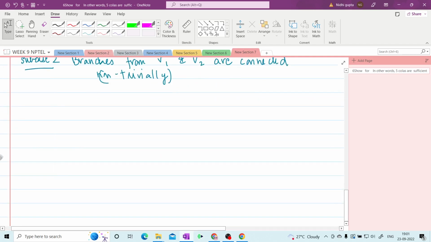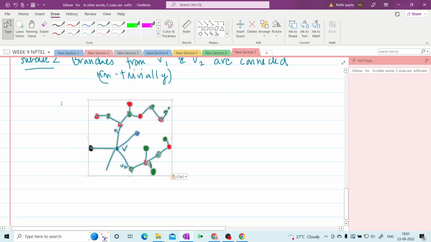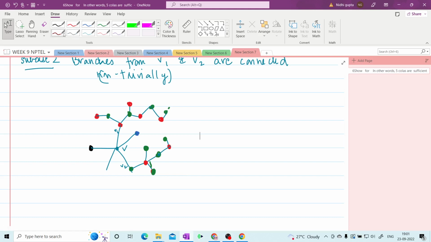So if we have the same diagram, yes, this one was our diagram. We have these branches, and now what we are saying is that they are connected. Suppose they are connected like this.